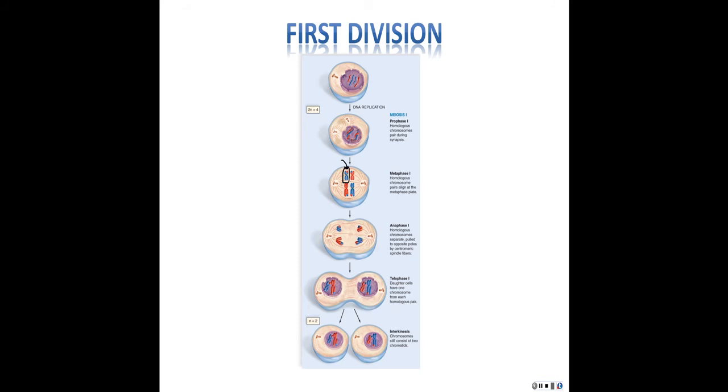So between this shuffling of the homologous pairs, this crossing over, and the fact that these are going to segregate independently from each other, the result is 4 cells that are completely genetically distinct. So here we are at the end of meiosis 1, and you can see that these 2 cells aren't done yet. We still have to go and divide further.